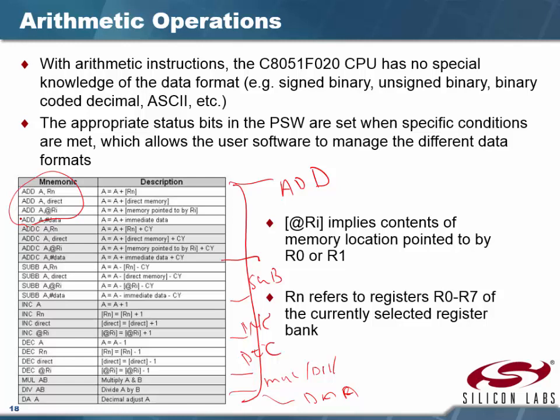We can add memory pointed to by a particular register, in other words, indirect, or we could add immediate data. Fairly straightforward. We can also add and incorporate the carry as part of the add.